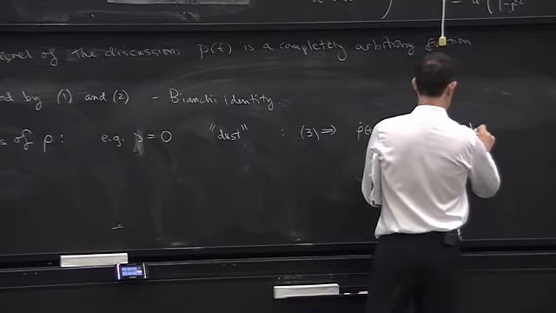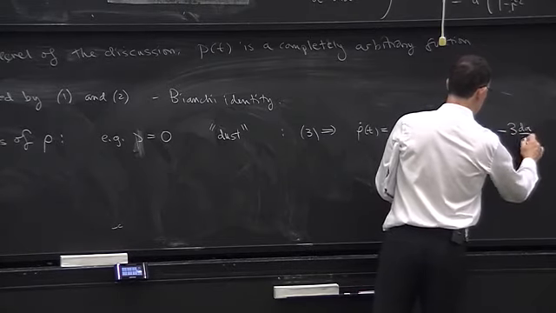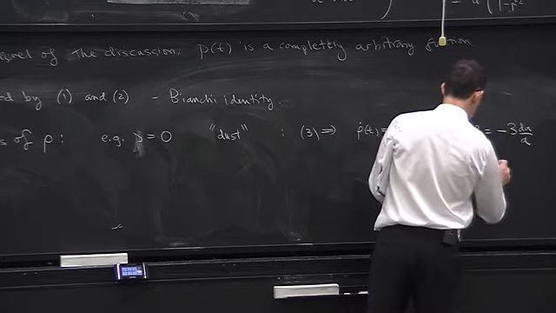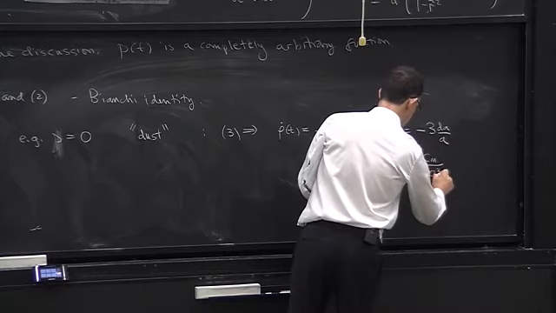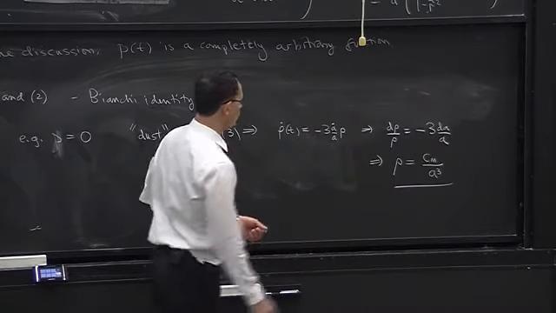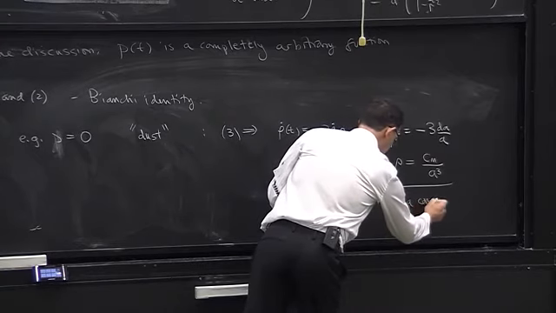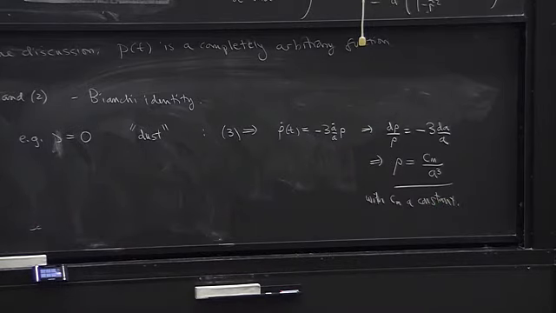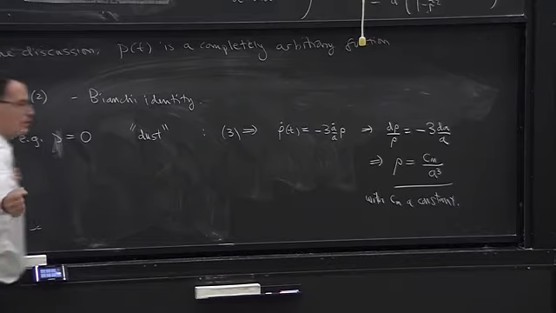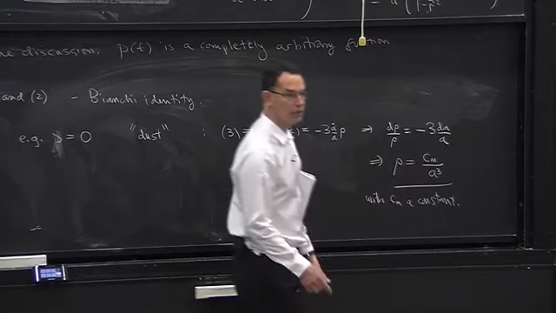And so that implies that d rho over rho is equal to minus 3 dA over A. And so this implies that rho is equal to some constant over A cubed, with C a constant. Okay, and that makes sense: you have a certain density rho of these particles, and as the universe expands, the volume grows, and the density just goes down like 1 over the volume.